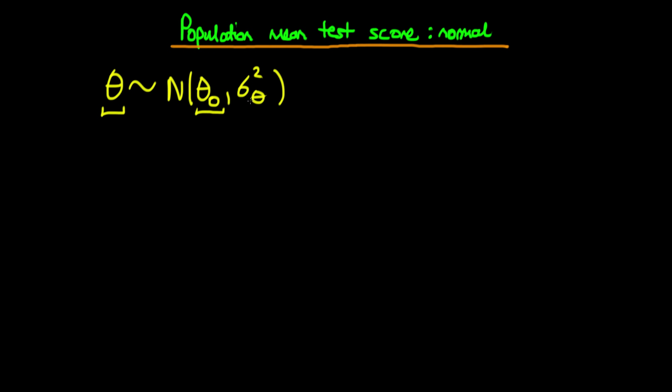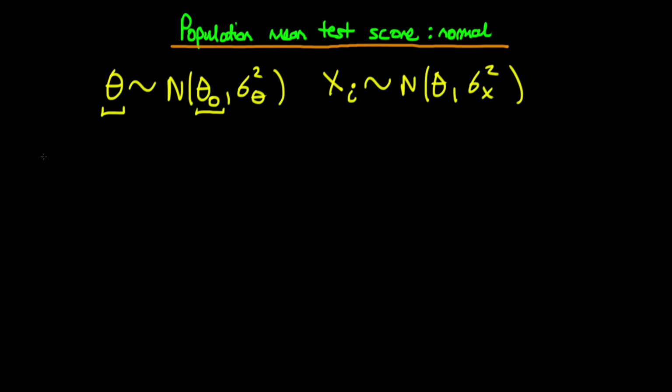And what we're assuming here is that we've also got a normal likelihood, so an individual's test score in a class, call it xi, is itself normally distributed about this population year parameter theta and some variance, which I'm going to call here sigma squared x.